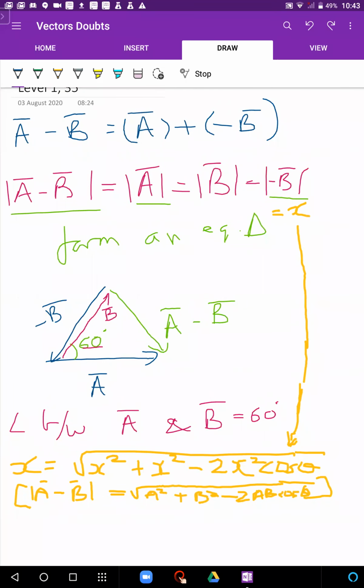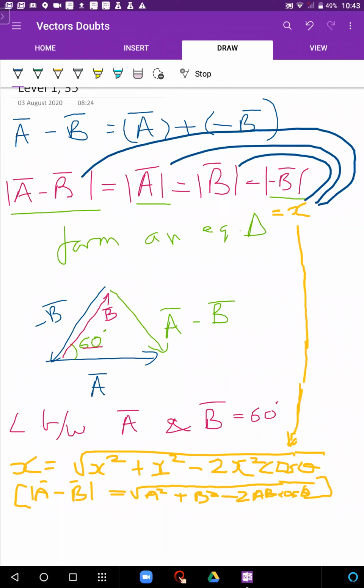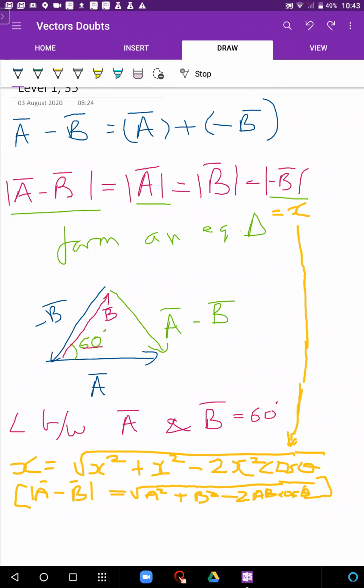Now when you open that up, you get x is equal to... we are considering all these magnitudes. It's written here: the magnitude of a minus b, of a, of b, I called all of them x, since the question said their magnitudes are the same. Then I'm substituting it in the difference formula. So what do I get?